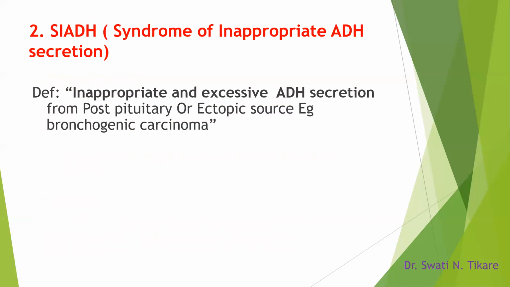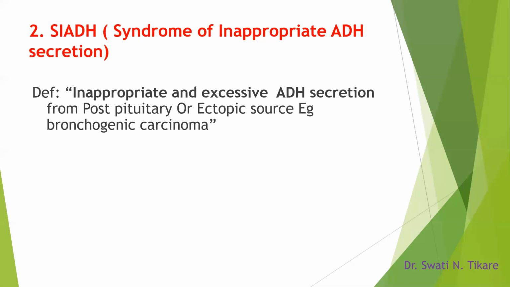Next, we will move on to one more applied aspect related to excess secretion of ADH. Diabetes insipidus was about deficiency of ADH. This is about excess secretion of ADH, called SIADH, syndrome of inappropriate ADH secretion.